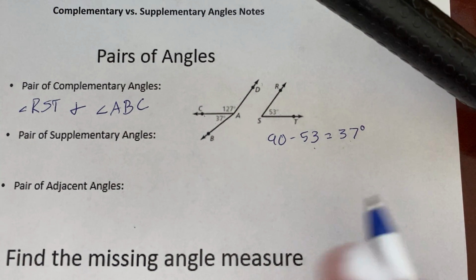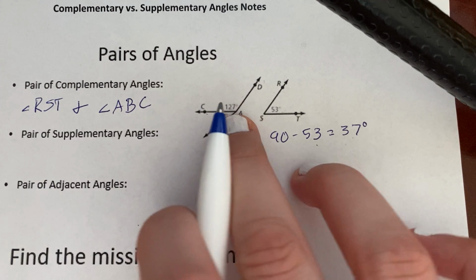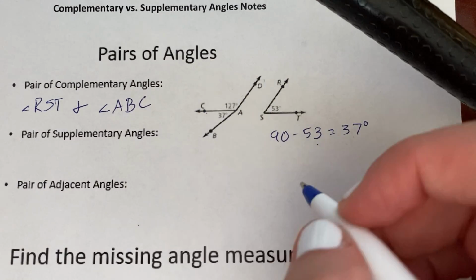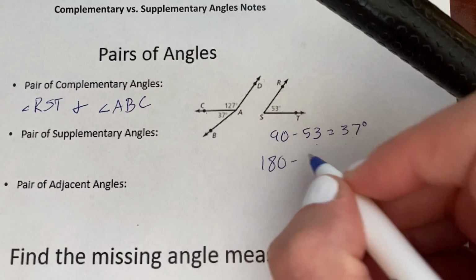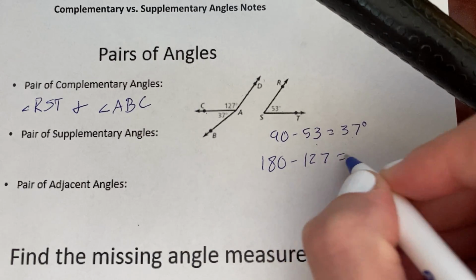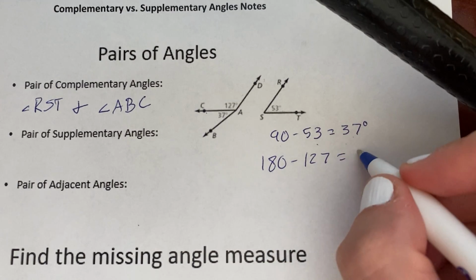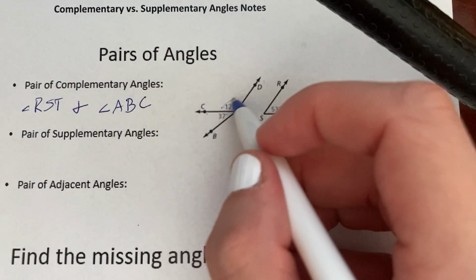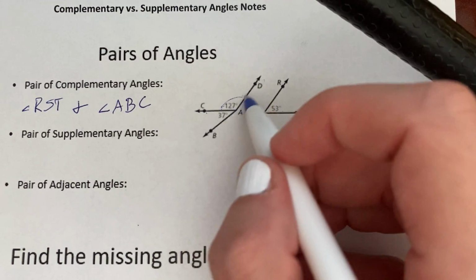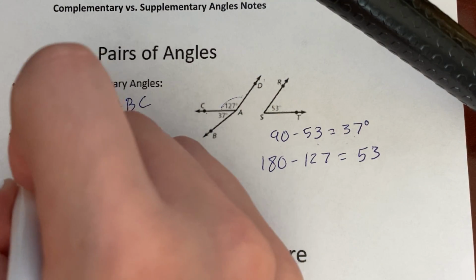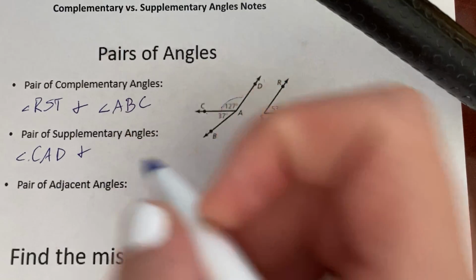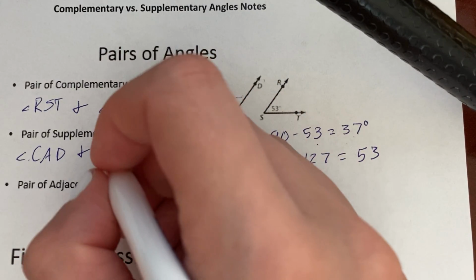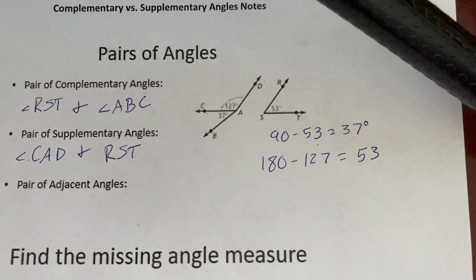Okay, same thing here. We know this is 127, so let's take 180, subtract 127, and we should get 53. Isn't that cool how that worked out? So we know that angle CAD and angle RST are supplementary.